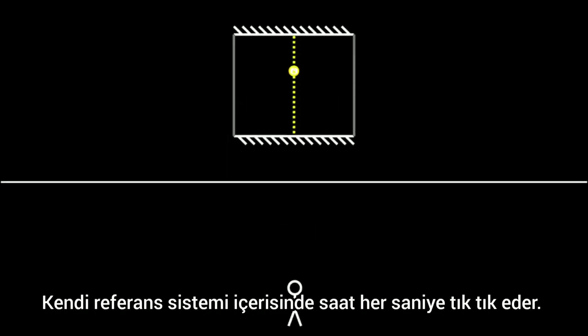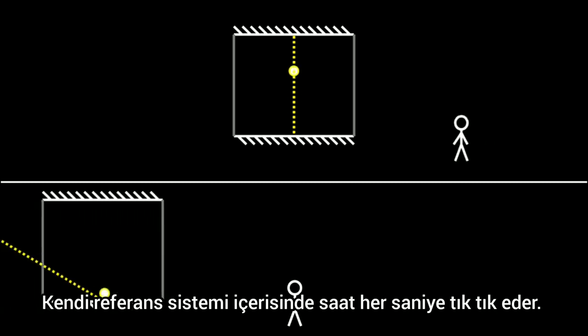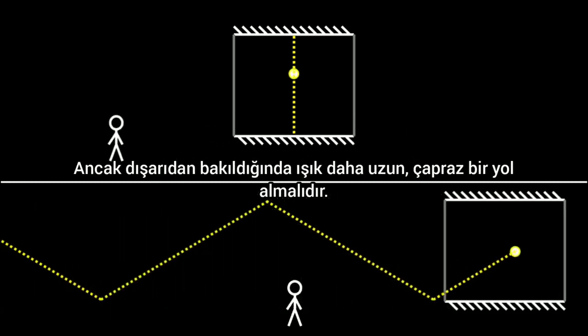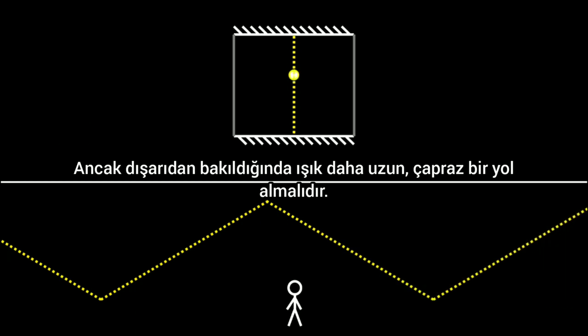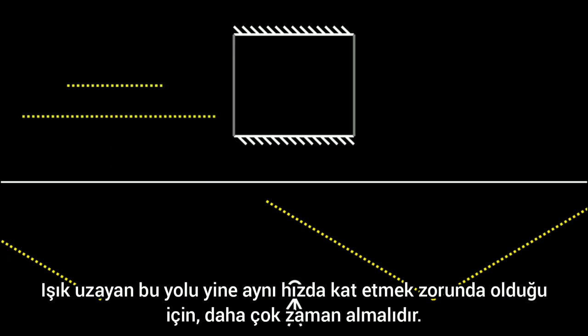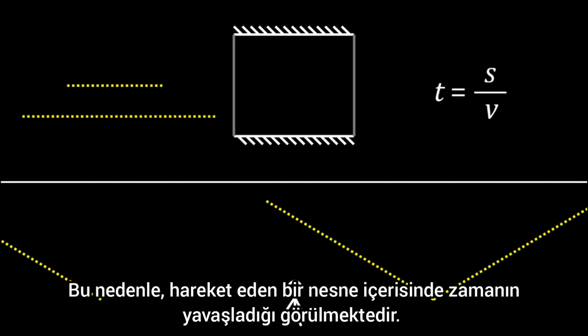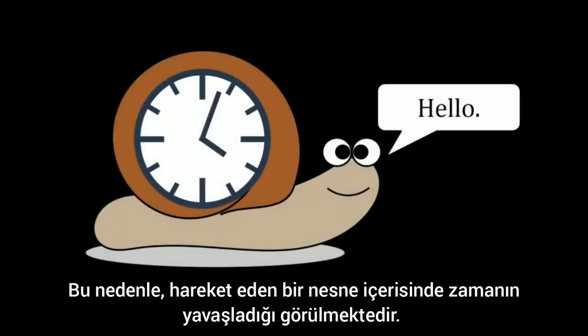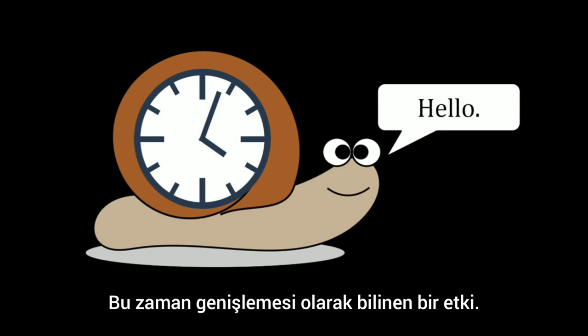Inside its own frame of reference, the clock still ticks every second. However, from outside, the light has to take a longer diagonal path. Since the light must still travel this increased distance at the same speed, it must take more time. Therefore, time on a moving object appears to slow down, an effect known as time dilation.